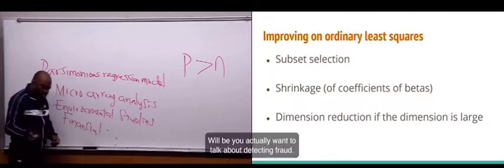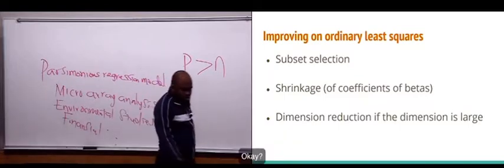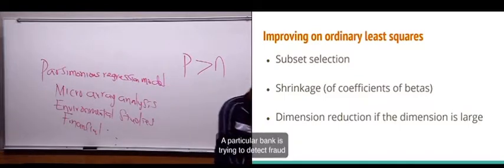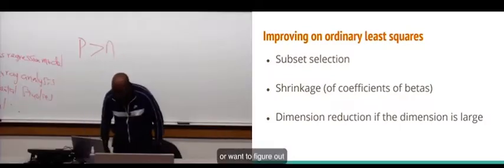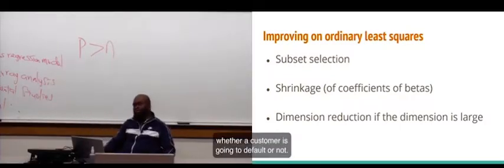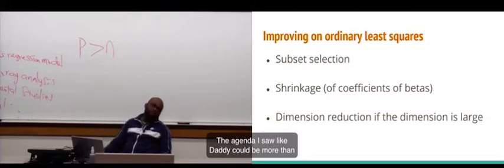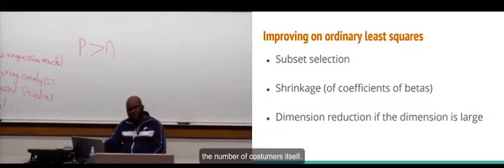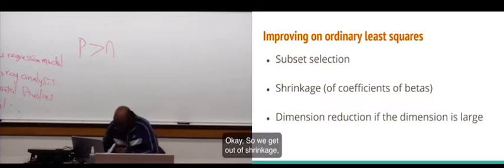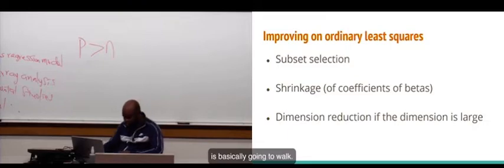Maybe you want to talk about detecting fraud. A particular bank is trying to detect fraud or wants to figure out whether a customer is going to default or not. There are basically going to be a lot of predictors: credit history, the gender, and so on. It could be more than the number of customers itself. So the idea of shrinkage is basically going to work.